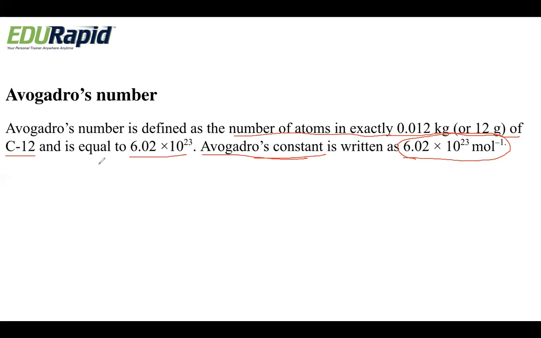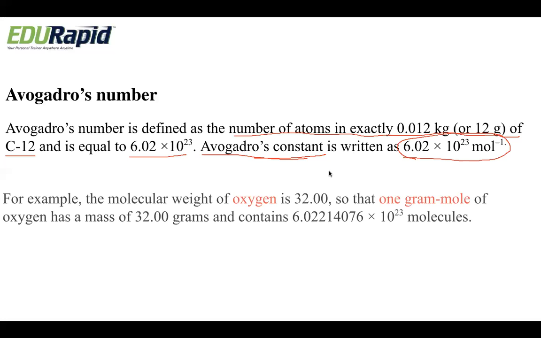He said that the number of atoms present in 12 grams of carbon-12 isotope, which is equal to 6.02 × 10^23, is called Avogadro's constant, or Avogadro's number. In short, Avogadro's constant is 6.02 × 10^23 per mole.